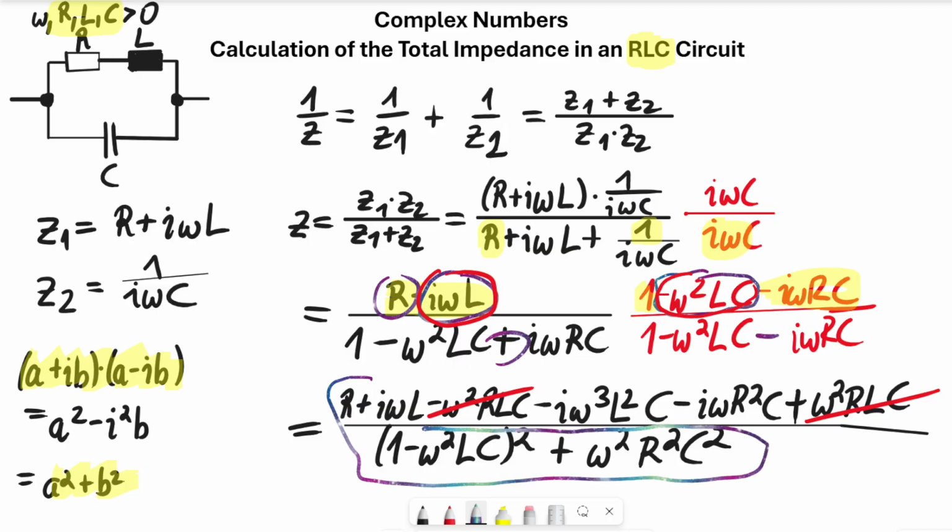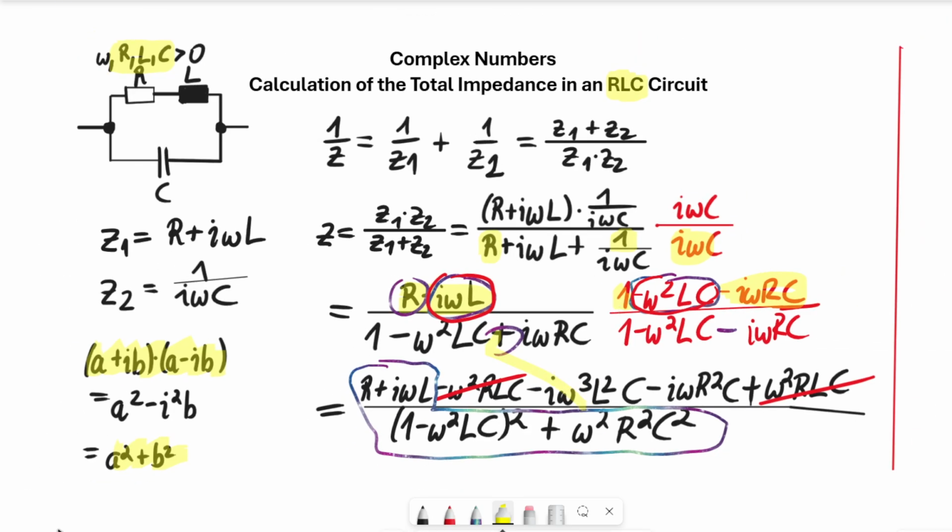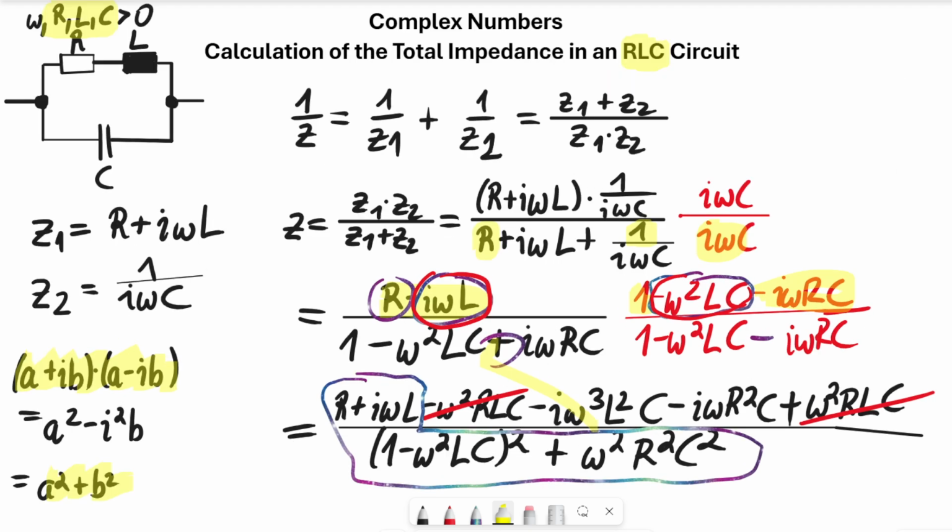So this is the real part, and the imaginary part, I use the yellow one. Imaginary part without the I is this one, divided by the denominator. And don't forget the minuses in the imaginary part. Thank you very much for your attention.